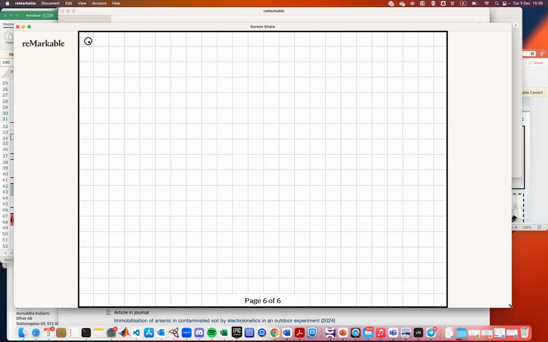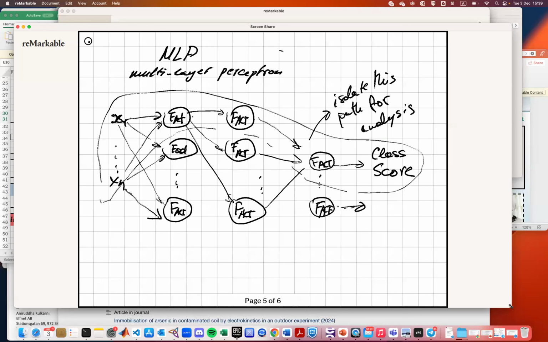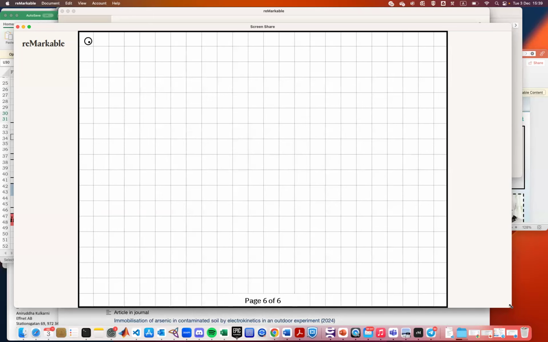And in this case the structure becomes like this. So you have your feature, and when isolating, we can even isolate it with respect to a single input, like this.